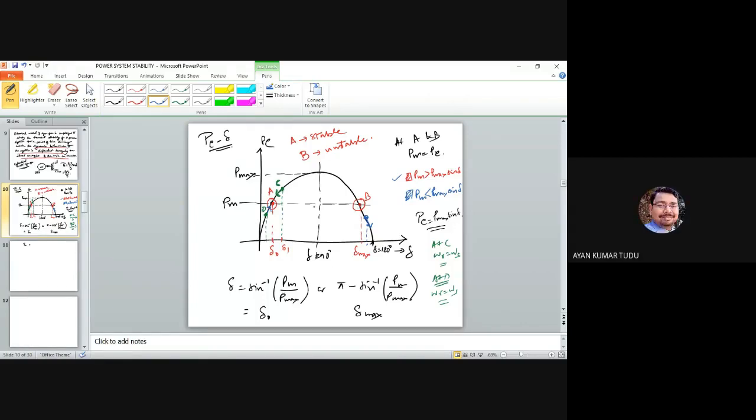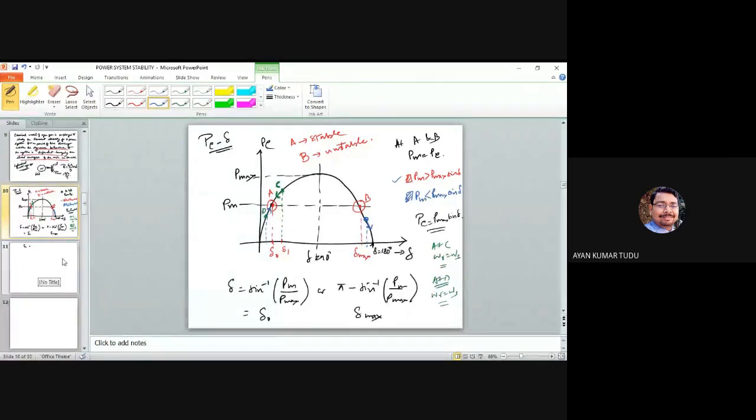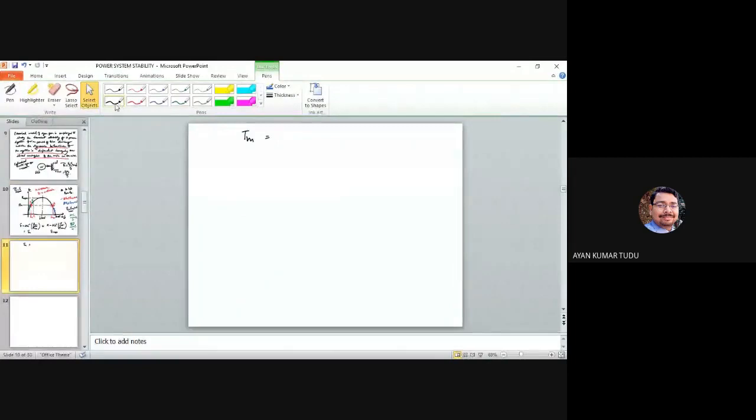Okay. So what I was telling is that in a synchronous generator, mechanical torque is the input, and the output is the electromagnetic torque. We can define Tm as our mechanical torque and Te as our electromagnetic torque.